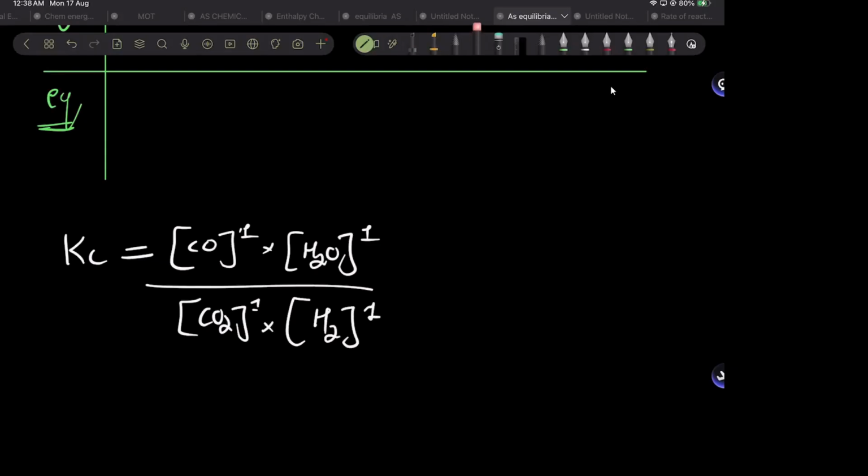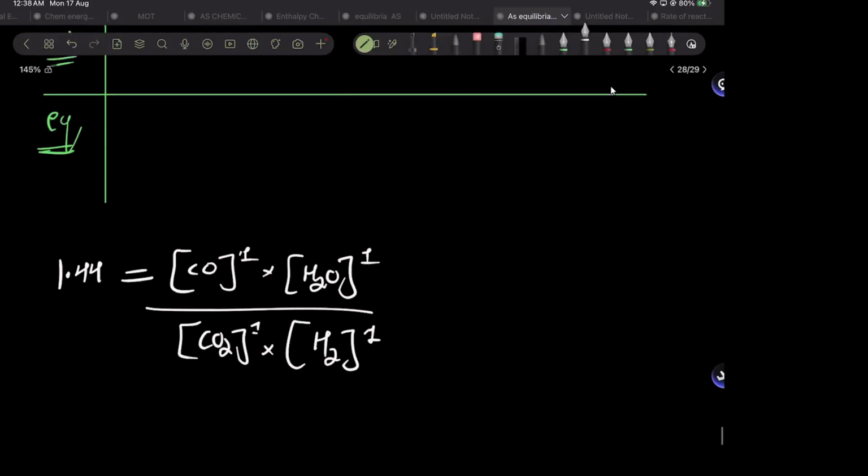And I know the Kc value, which is 1.44. That's not what I'm trying to find. I'm trying to find the moles of each substance at equilibrium, right?